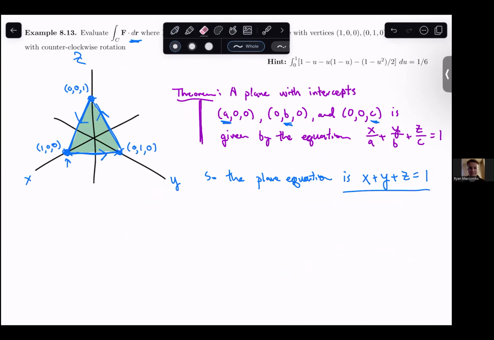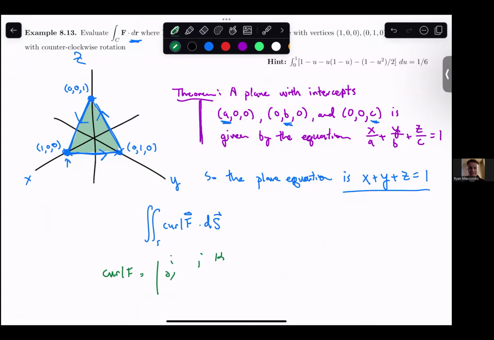And with this, we can then start to evaluate this surface integral of the curl of F dot dS, because now we have our surface equation. The other thing that we need is also this curl. So why don't we spend a little bit of time here calculating the curl of F. So i, j, k, partial with respect to x, partial with respect to y, partial with respect to z.